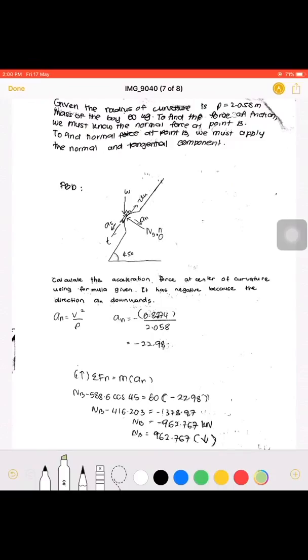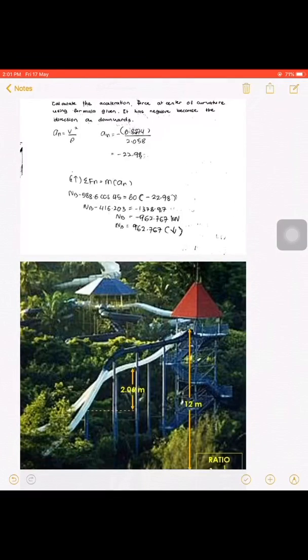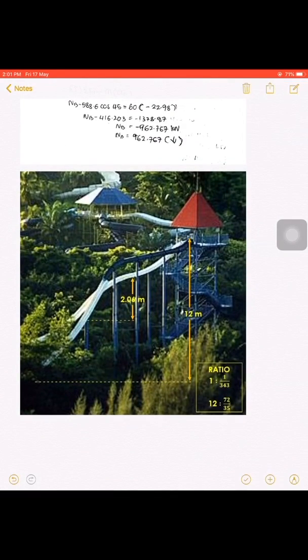To find the force of friction, we use the coefficient of friction times the normal force at point B. To find the normal force at point B, we are given rho, the radius of curvature, equal to 2.058. We get the value of rho from this picture, where we can see the height of the slide is 12 meter.